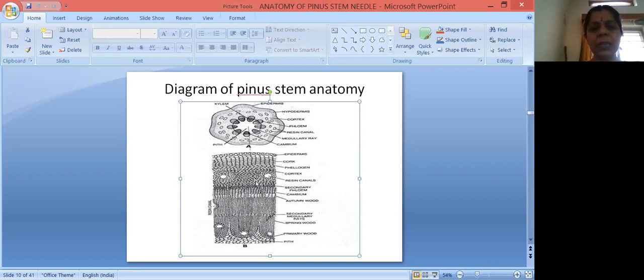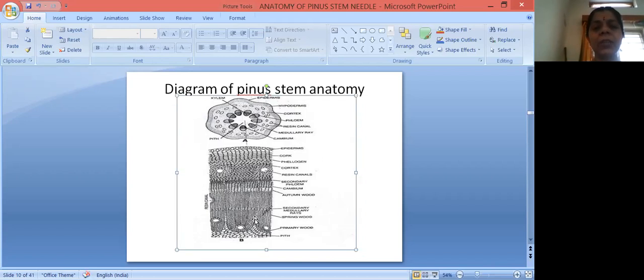Now this is the secondary. So we find a lot of difference between the primary structure and secondary structure. The secondary structure is complex. We find the epidermis is multi-layered. Below that is the cortex, known as phellogen and phelloderm, and the cortex is multi-layered: outer cortex, middle cortex, and inner cortex.